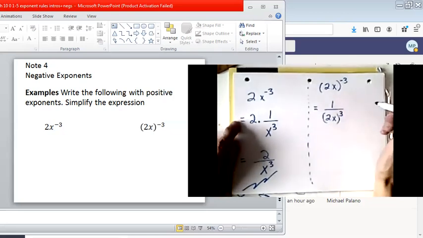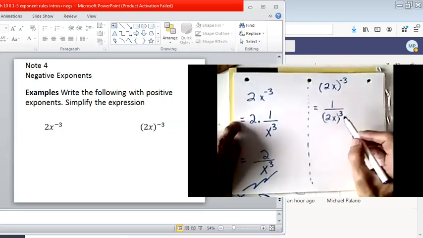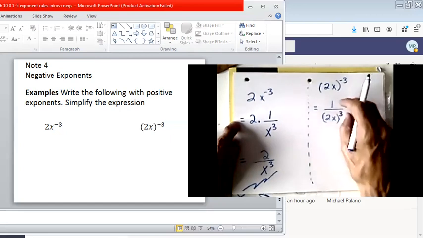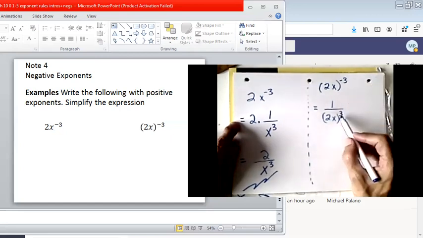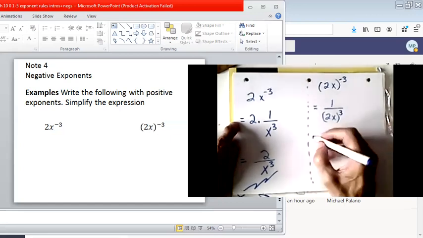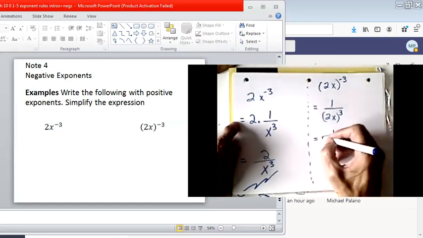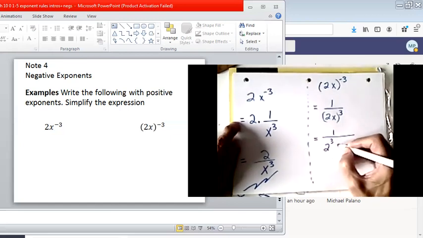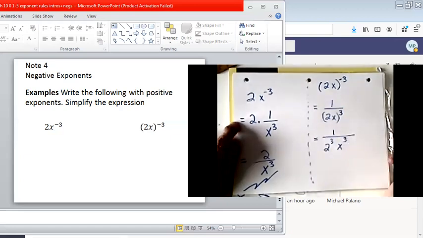What happens next is we use that rule where this exponent goes to each thing on the inside. It's on the bottom, but the rule still works. The 3 goes to each thing on the inside. So the 2 gets the 3, and the x gets the 3 as well.